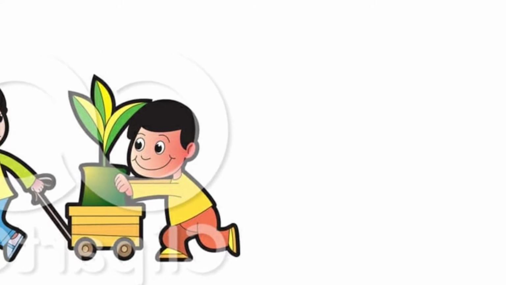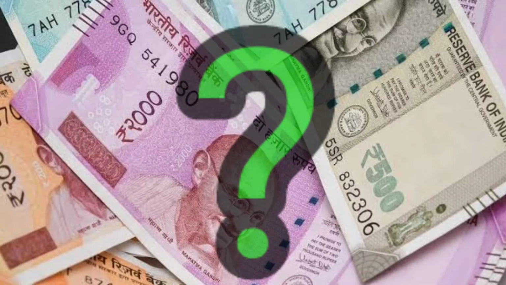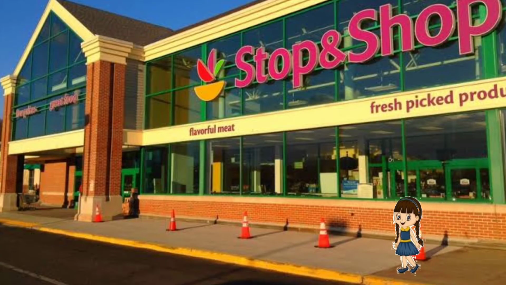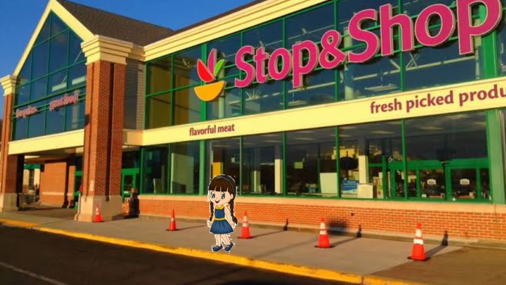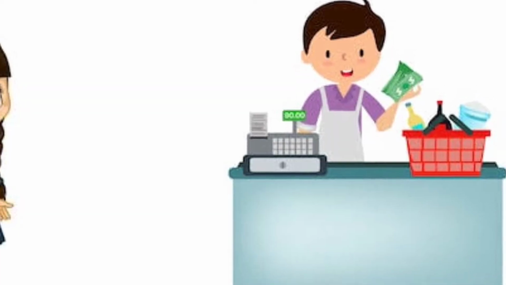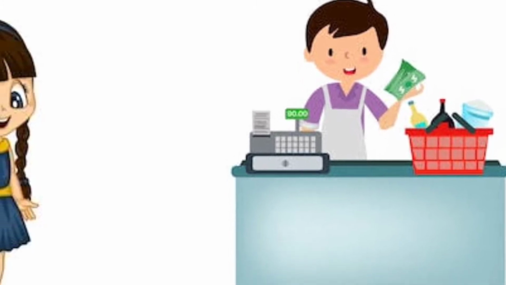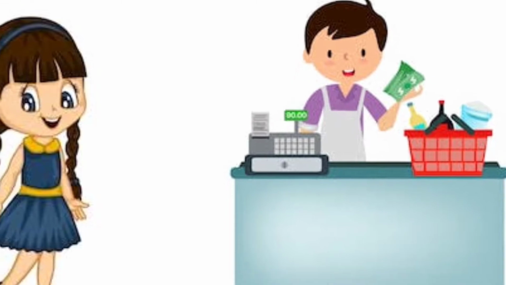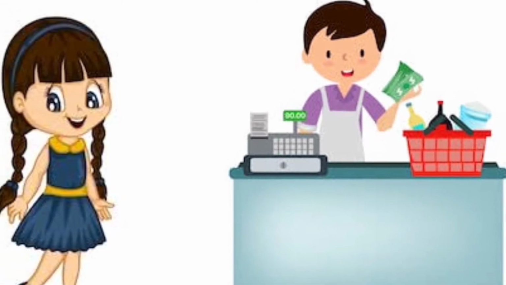As you all are growing up, my dear children, now you should also understand how to make use of money. Like, if you go to a shop to buy something and the shopkeeper tells you the price of that particular thing, you must know how you should pay for it.